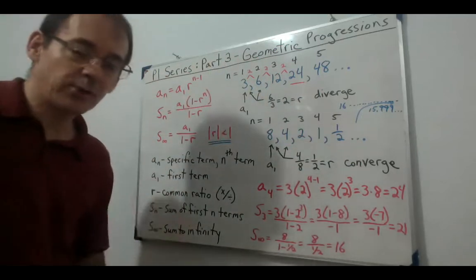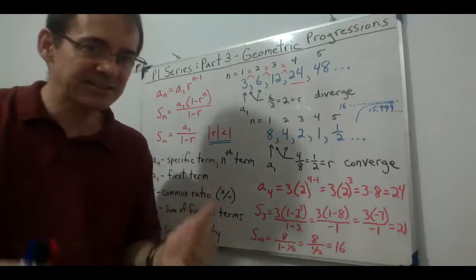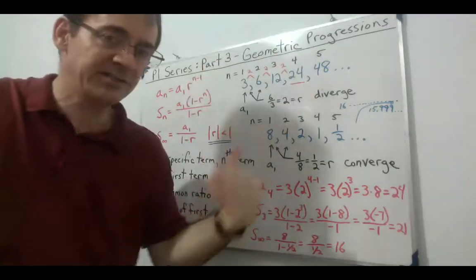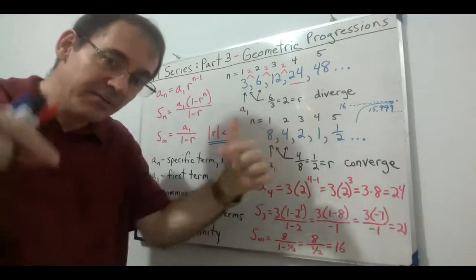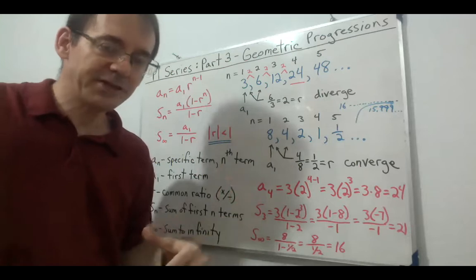Okay, so here's a basic overview. We're going to start with our examples, and I'm going to use the exact same examples that we used in part 2 with the arithmetic series, but after the arithmetic question, they then continued with a part B with the geometric question.